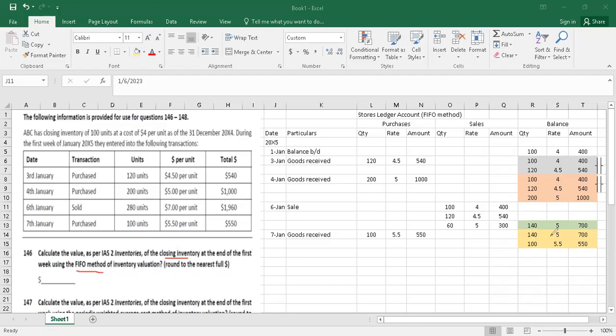So what's the total value of the closing inventory according to the FIFO method? It is 1250.